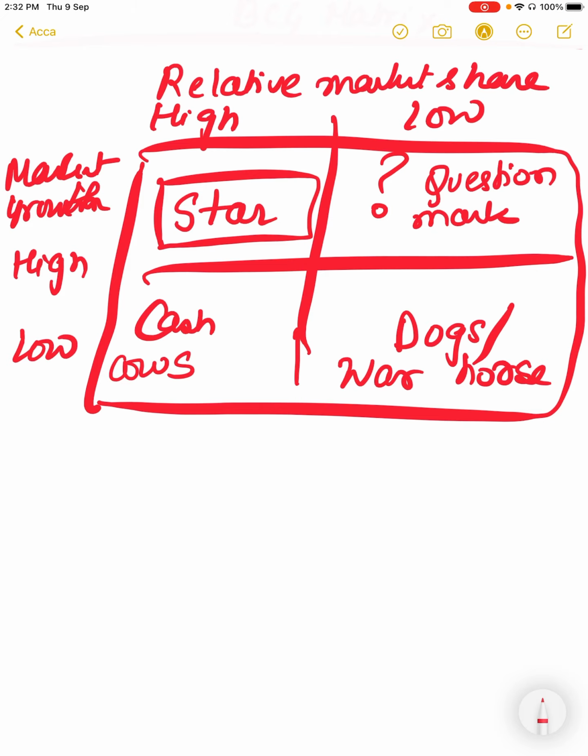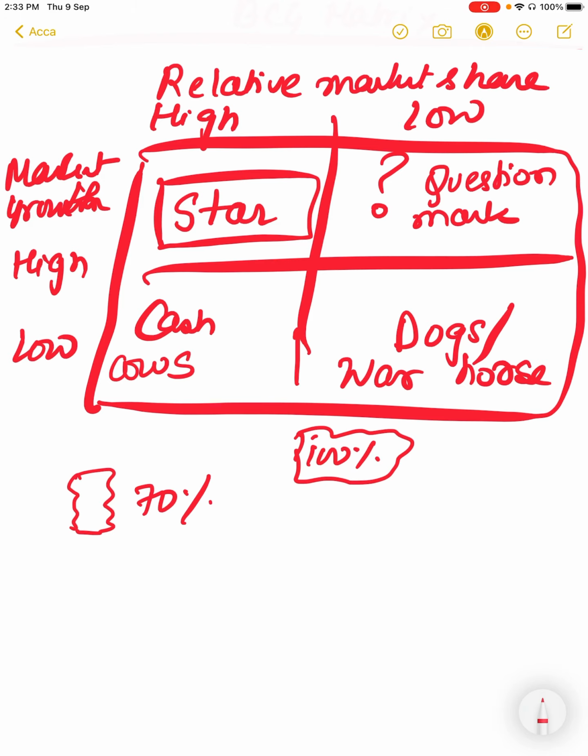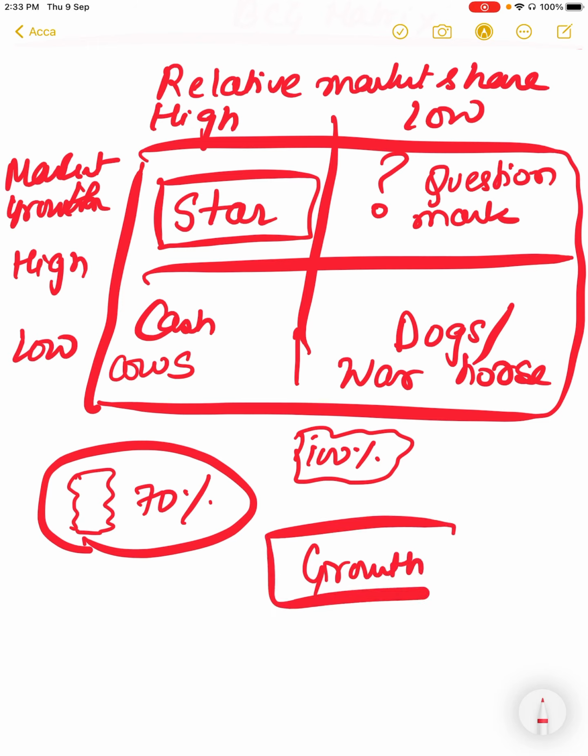For example, if we see the first box, it's saying star. Star has high market share and it has high market growth. Suppose a star means a product that is having 70% market share. Like if we say that the market has 100%, out of that 100%, 70% market share is of the star, and in that market, that product has the ability to grow the highest.